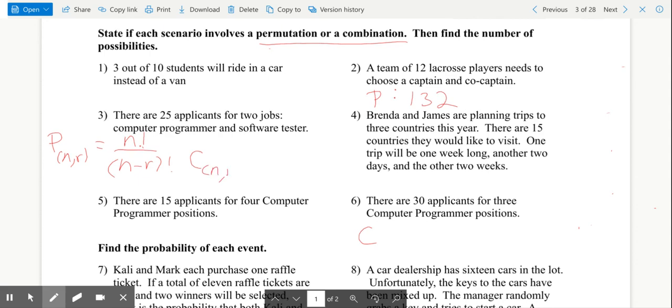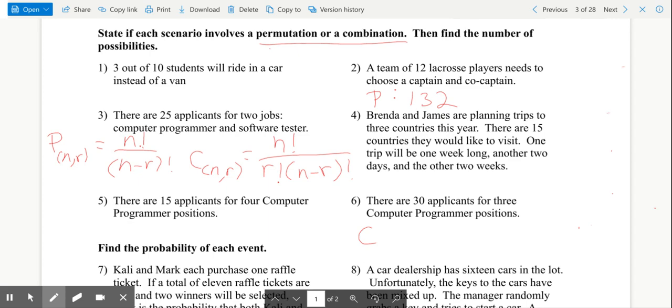N and R mean the exact same thing that they meant for permutation. The difference here is that we have this extra R factorial on the denominator, which is going to make this number smaller, which makes sense because, as I showed in the example earlier, you have fewer options if the order doesn't matter.